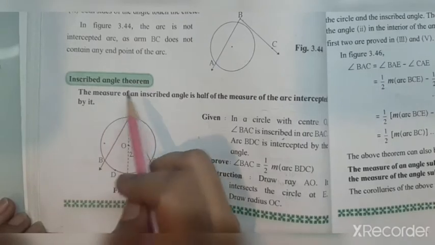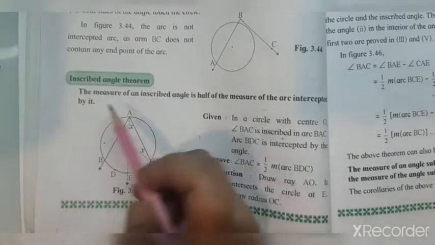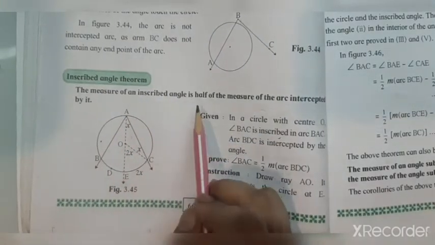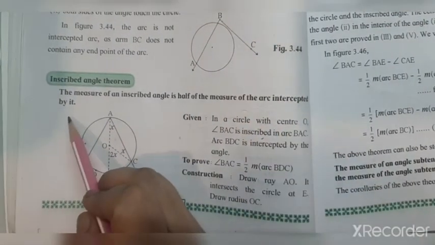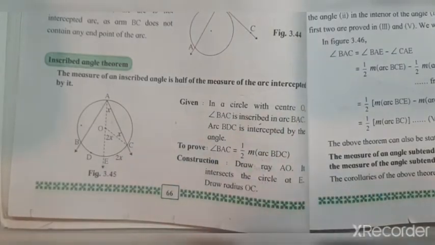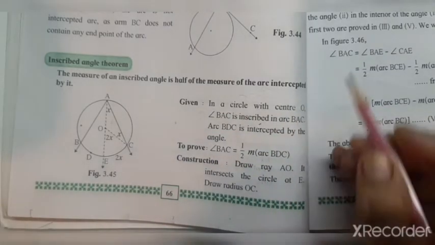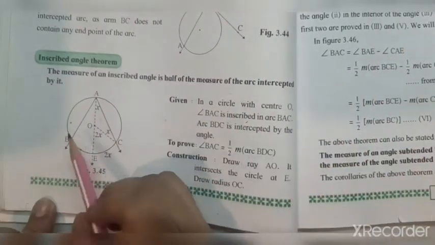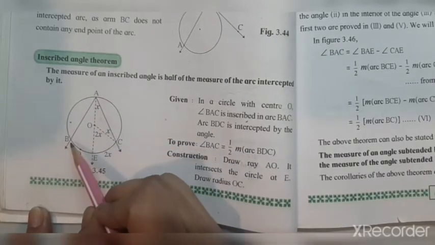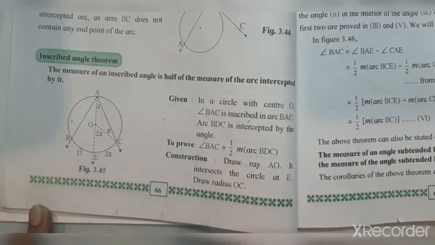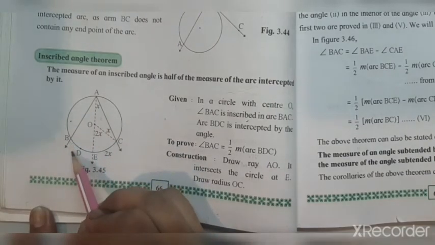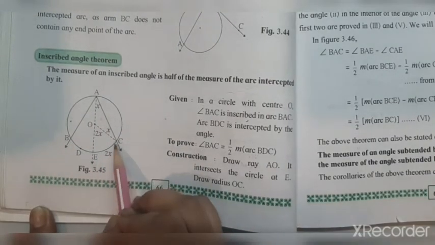Now the second thing we have to find here is measure arc DEF. If you look at DEF, it is the addition of two arcs, that is arc DE and arc EF. We have studied in the property of the sum of arcs that we can add two arcs only when the common point is only one. So in DE and EF there is only one common point, that is E. So we can add these two arcs.